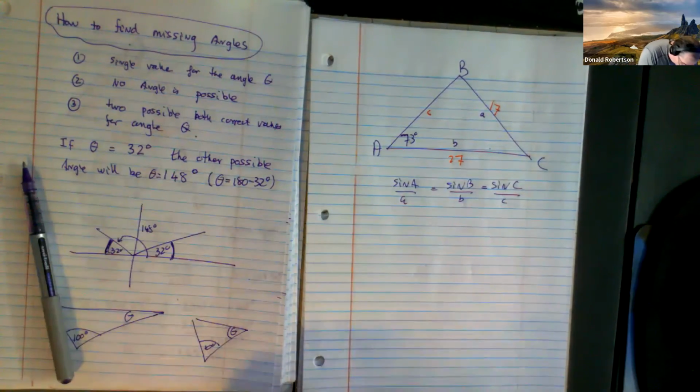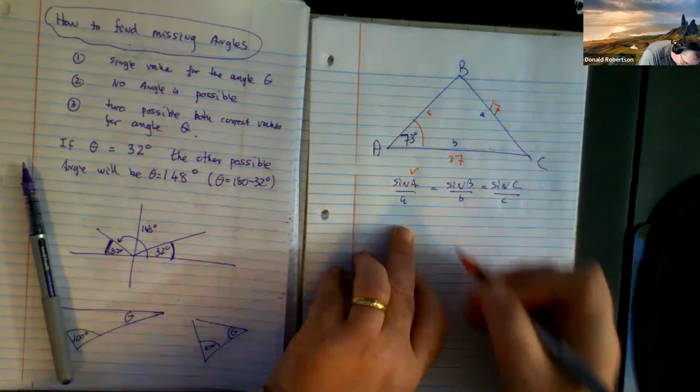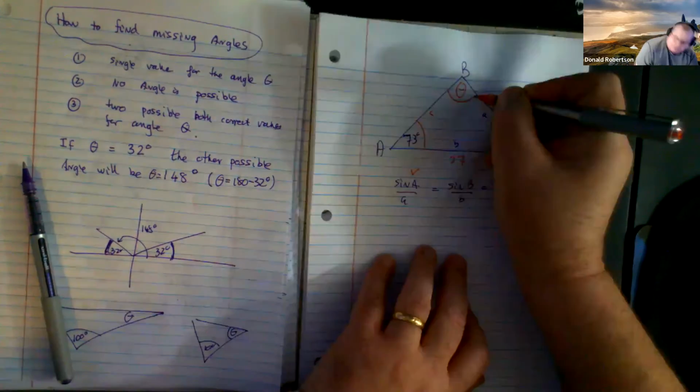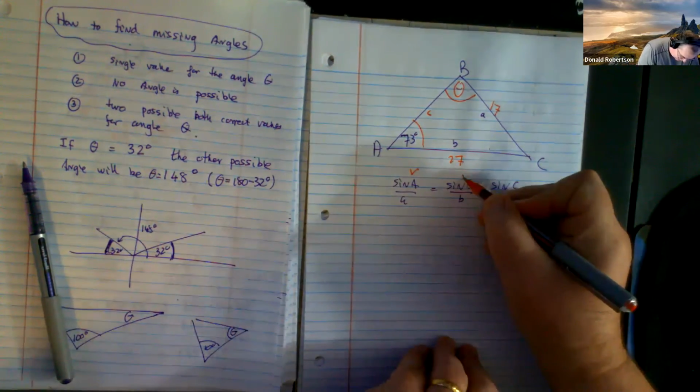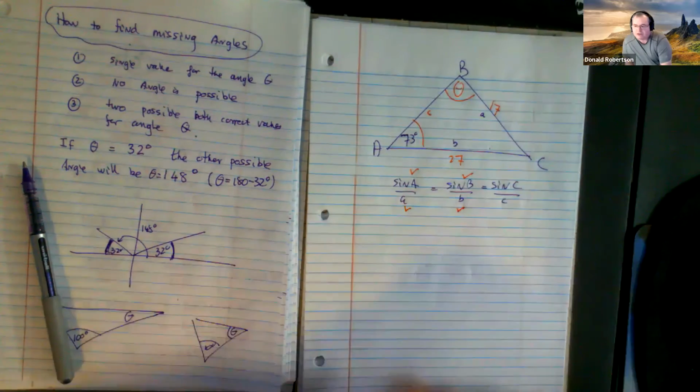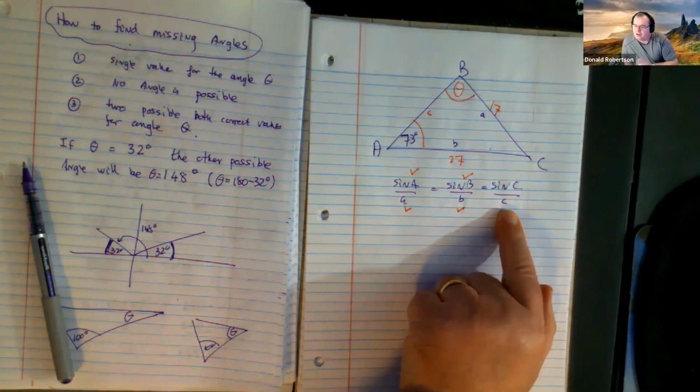And I know angle A, so I'm checking that. We want to find angle B, because I'm telling you that in the question. So check that off. Would you agree that we know little a and we know little b? Is it kind of clear now which pair of equations we're going to be using? Now, if they told me little c, wouldn't I just ignore it because it's not helpful?